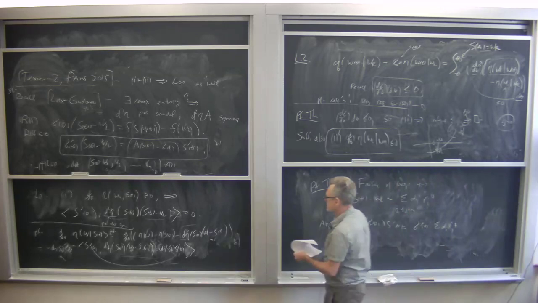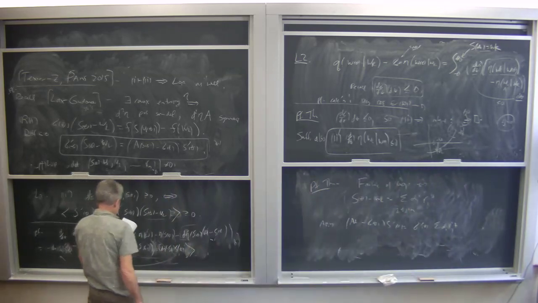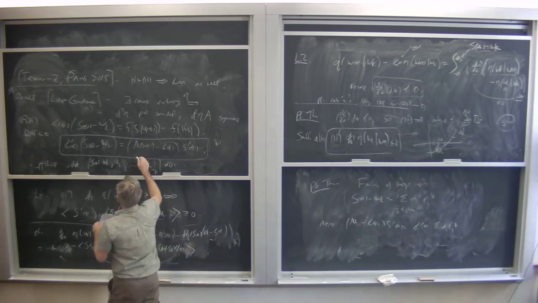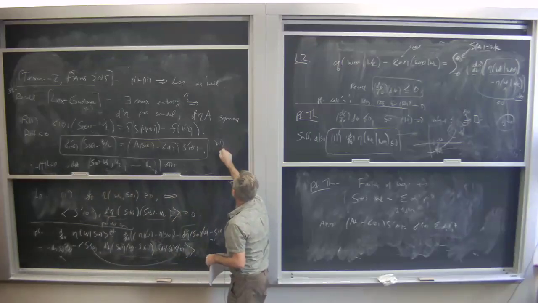Why do I have this? I have this because this is the linearized Rankine-Hugoniot condition, using this one, star.